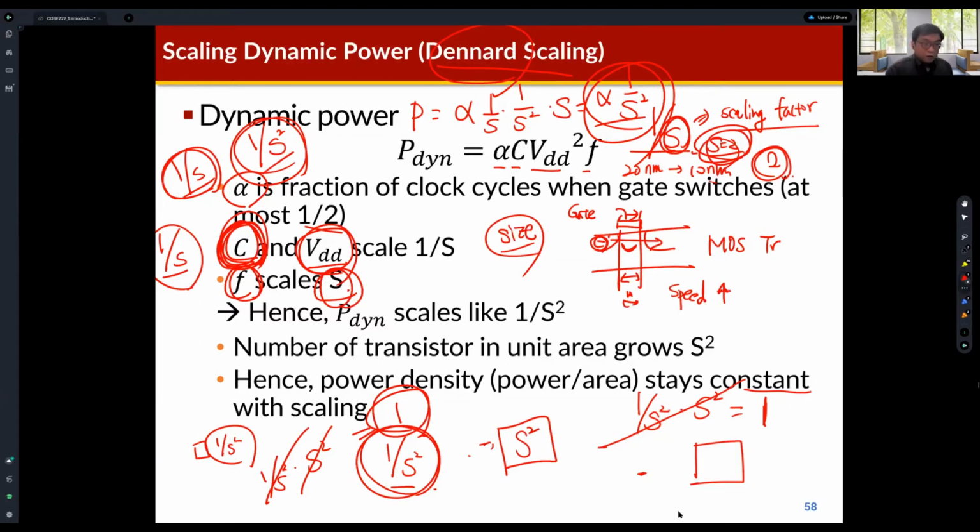So the good thing about this semiconductor scaling is that with the same power consumption, we can build a better CPU. Which means if we can use a more advanced technology node at the same cost, we can build a better CPU. That is the good thing about Dennard scaling. Okay.